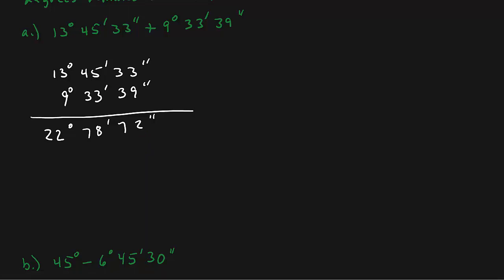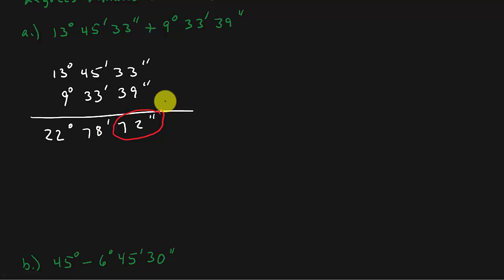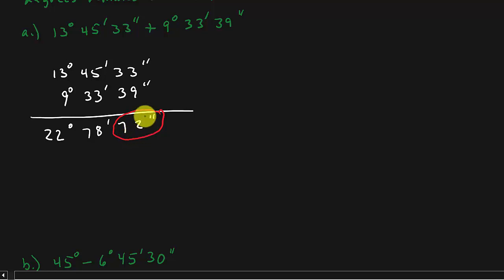All right. So take a look at this 72 seconds right here. This is what we're going to focus on right now. Let's suppose this 72 seconds. Let's take 1 minute out of that.